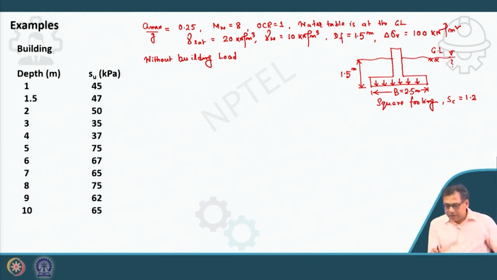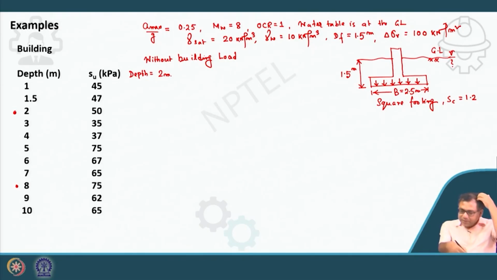Now first I will do it without the building load. The first depth that I will take is 2 meter, and I will also check for 8 meter. But you have to do the same thing for all the depths.